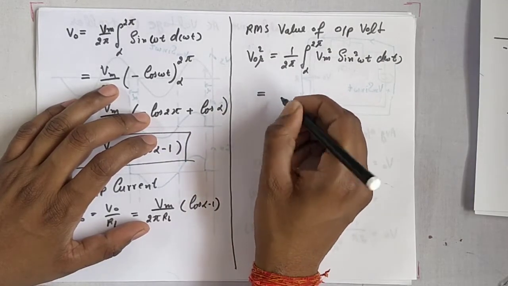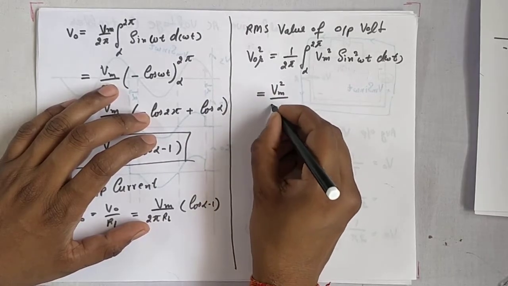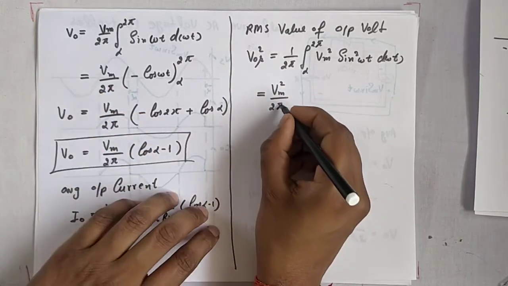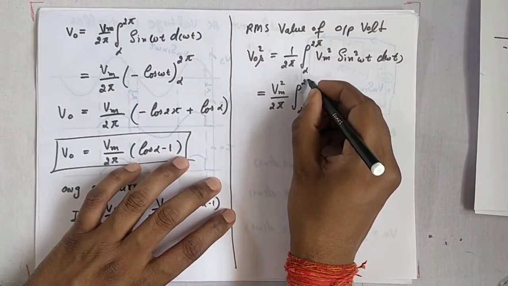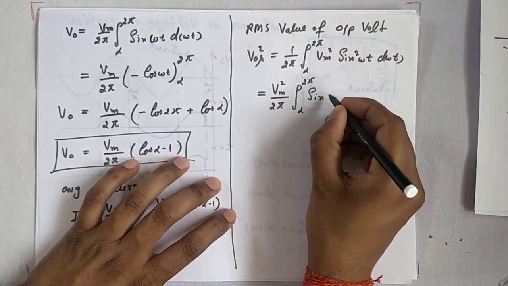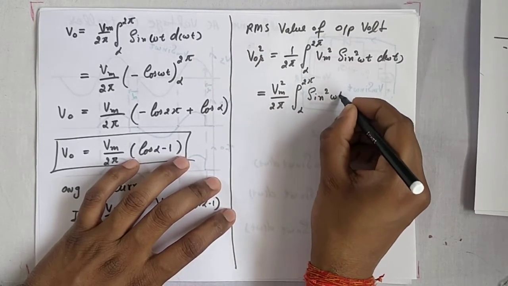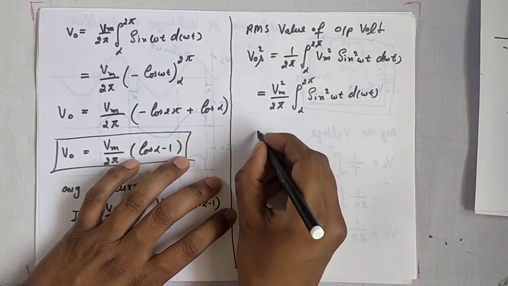Equal to Vm square divided by 2 pi, integral from alpha to 2 pi of sin square omega t d omega t.